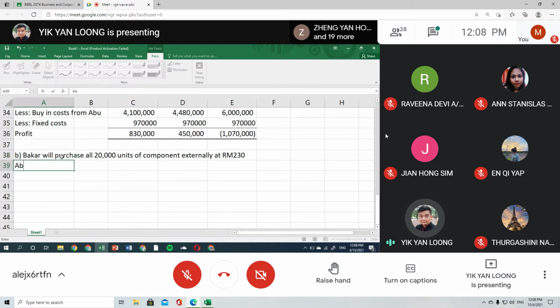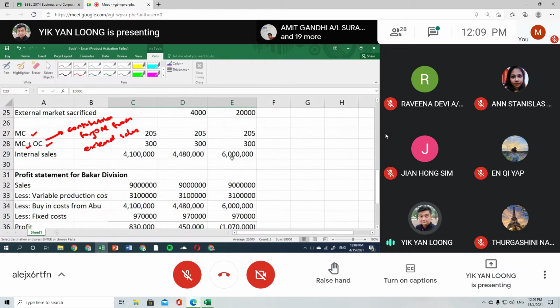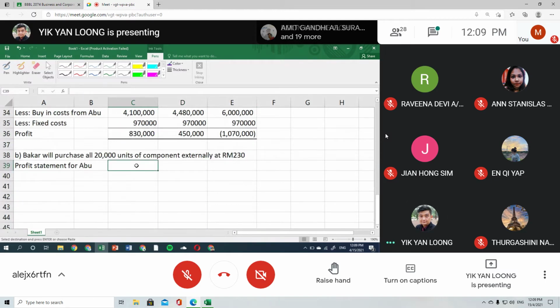So Abu's profit statement, for Abu, right? The profit statement for Abu will be based on the external selling price and 35,000 units, right? So I copy and I paste.